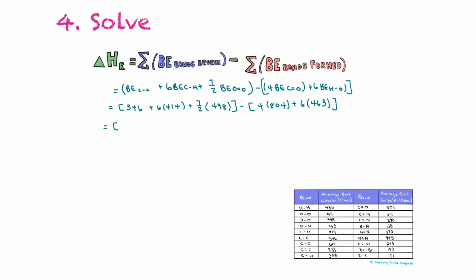So that's equal to 346 plus 2,484 plus 1,743. And then we're going to subtract the sum of the bonds formed. So 3,216 plus 2,778.